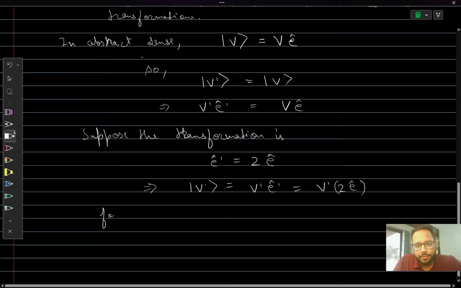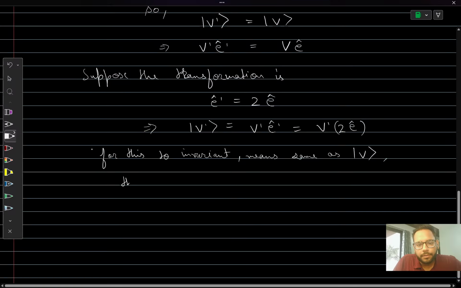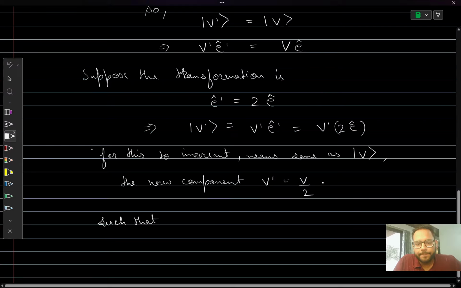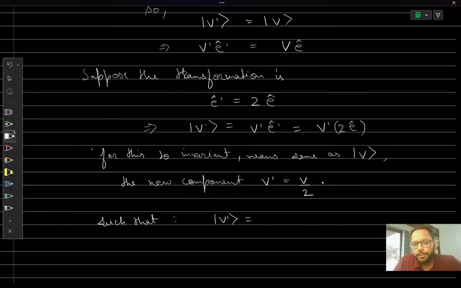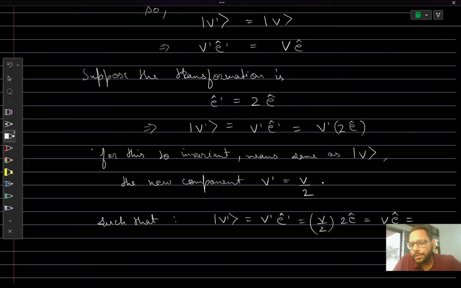Now for this to be invariant, means same as this vector, the new component, or say the transformed component, should be equal to v by 2, such that v prime is equal to v by 2, and twice of v cap remains invariant.